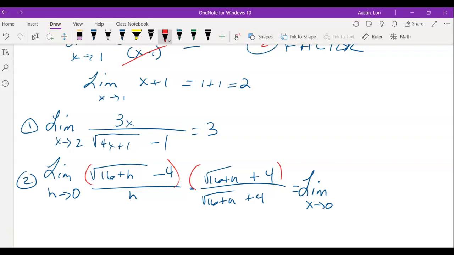So let's multiply that conjugate out. What's radical 16 plus h times radical 16 plus h? It's just going to be what? Minus what? 16. Okay, leave the denominator as it is. We have an h times radical 16 plus h plus 4.